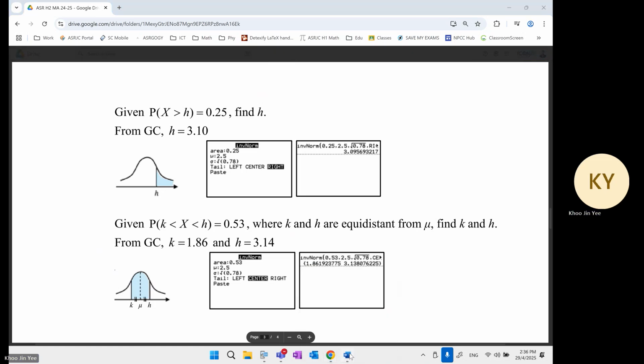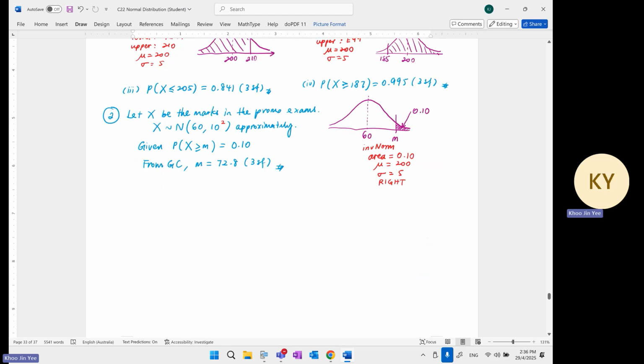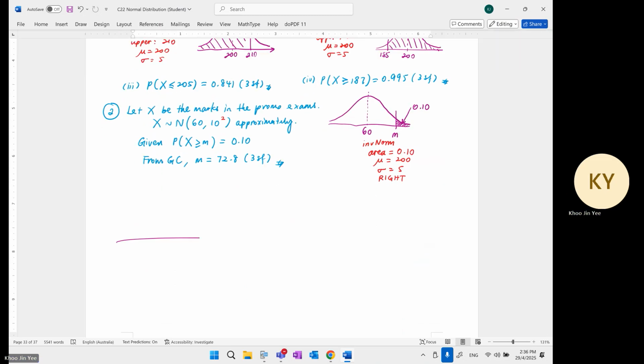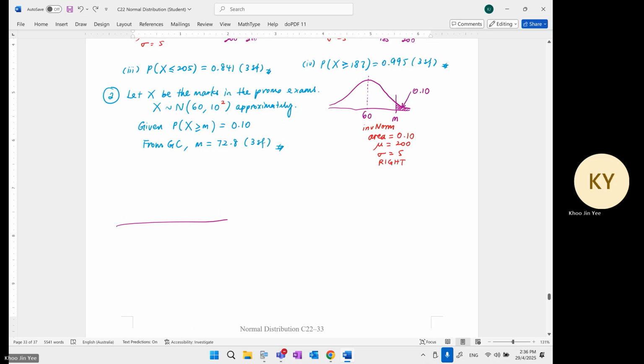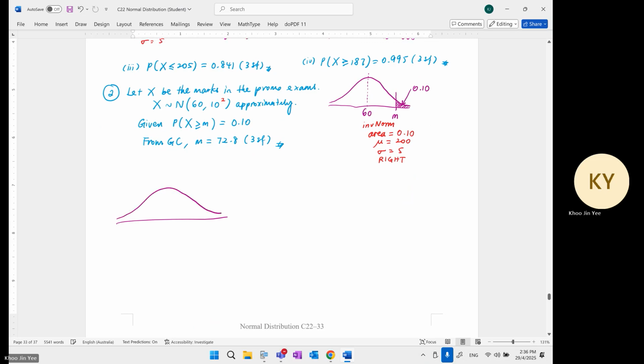If it's not symmetrical, and this area over here is 0.83, what are some of the things that you can do?